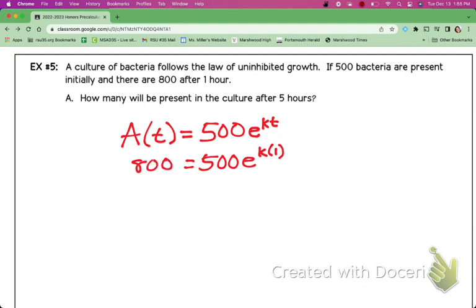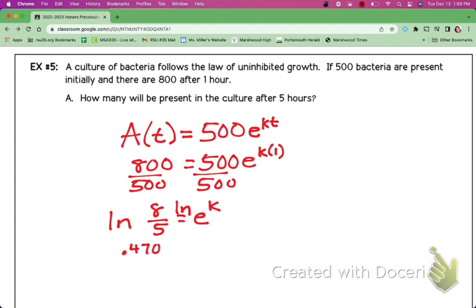So let's solve that for K. Dividing out 500 on both sides gets us 8/5 is equal to E to the K. Because I have an E, I can take a natural log of both sides. The natural log of 8/5 is approximately 0.4700.